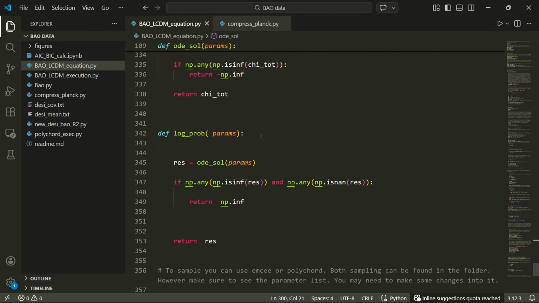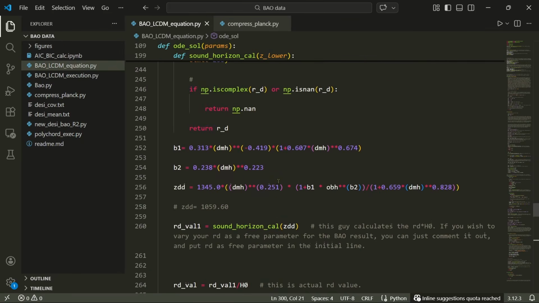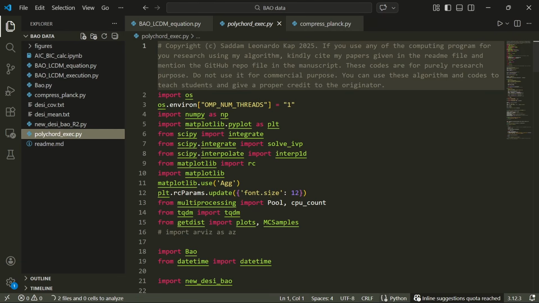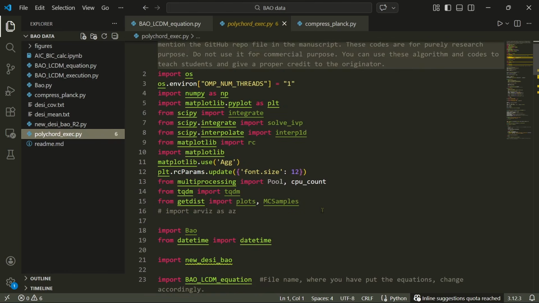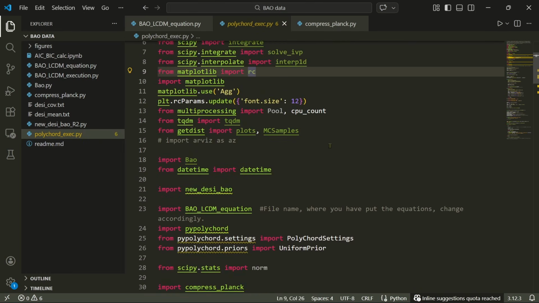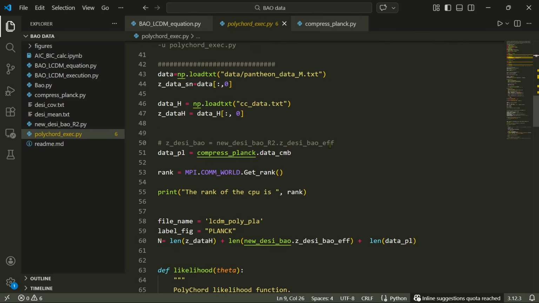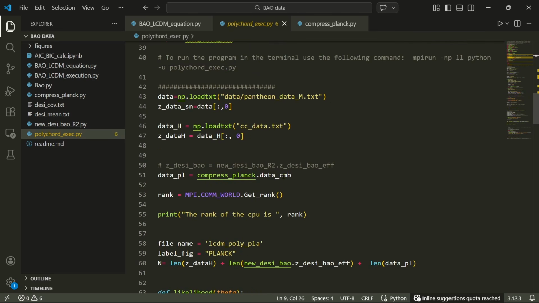So once we are here, all these important things are going on. Then we can use the execution file, or you can use the Polychord file. Once you are using the Polychord file, these are very important ones. You don't have to change it. I'm going to talk about that maybe not in this video, maybe in a different video. Here we have to use how many data sets there are in one particular observation.